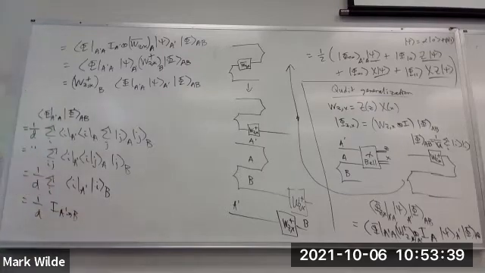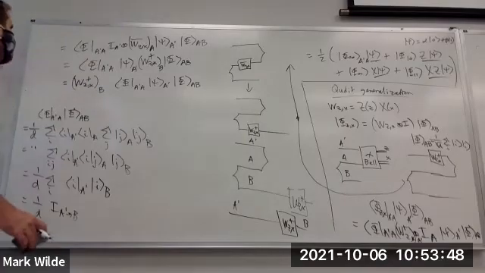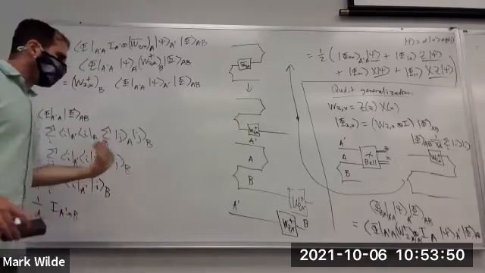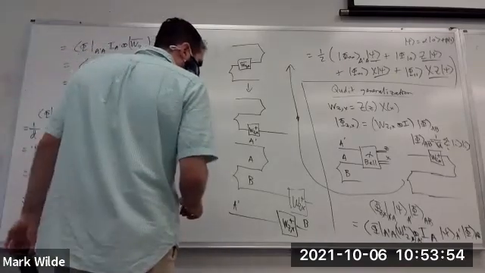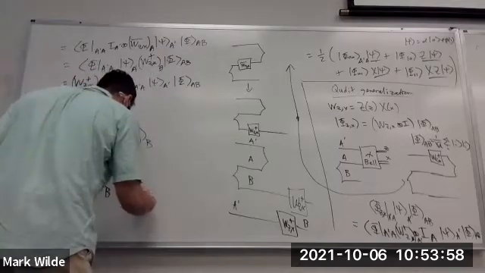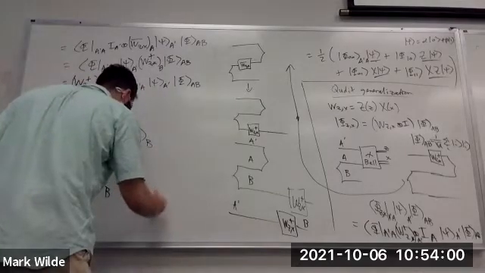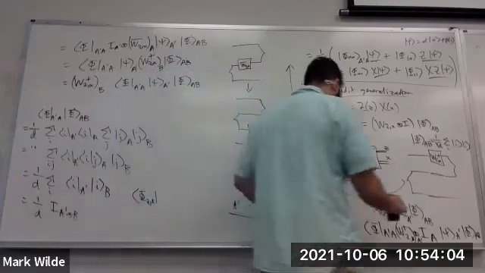Yes? At the top, between the first and the second one, are you suppressing some identity on the B system? Many identities are suppressed. Yeah. This is a good question. To have everything proper, we should write, let's just do it from the beginning. I'll just rewrite this line properly.